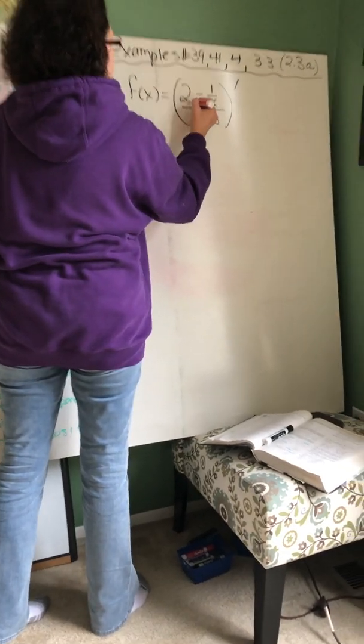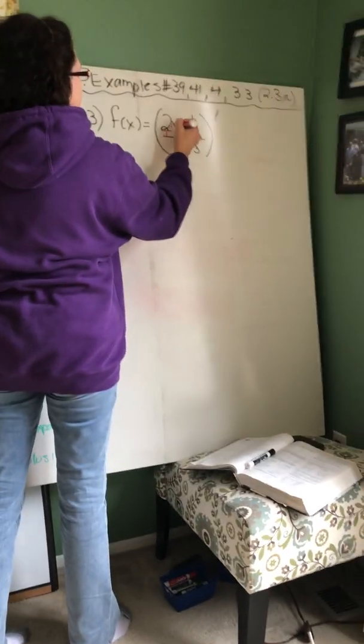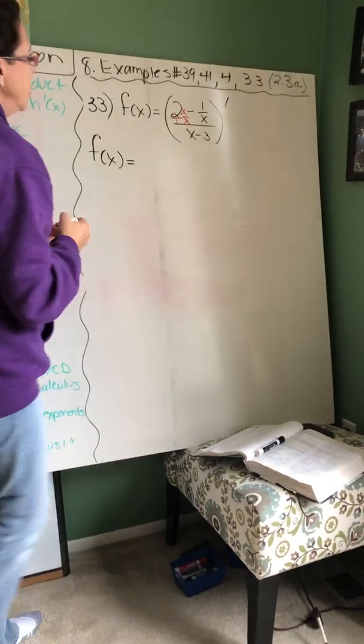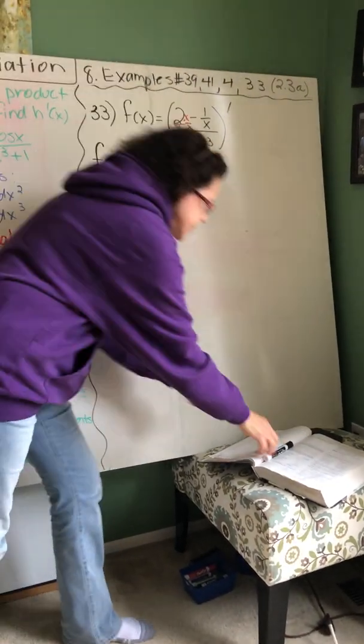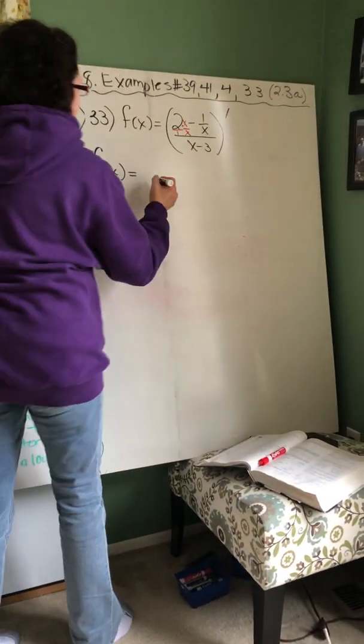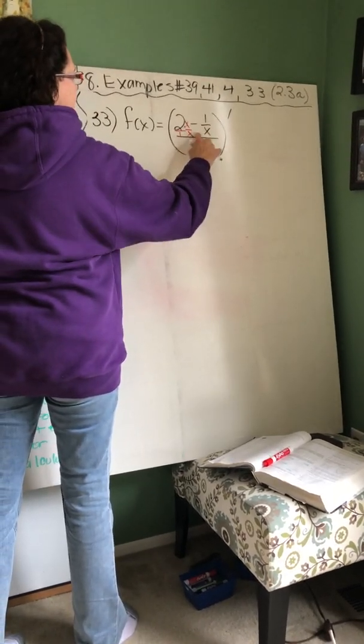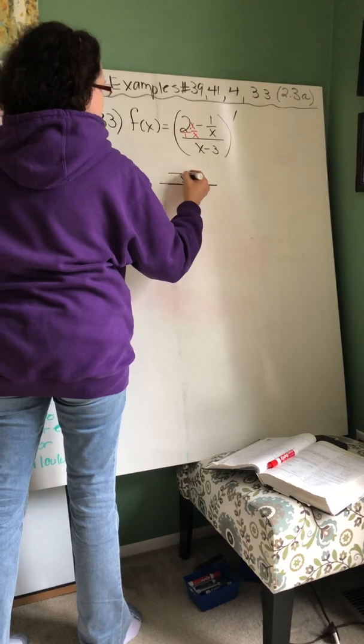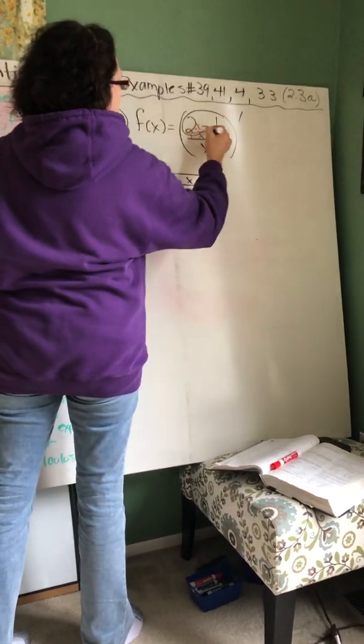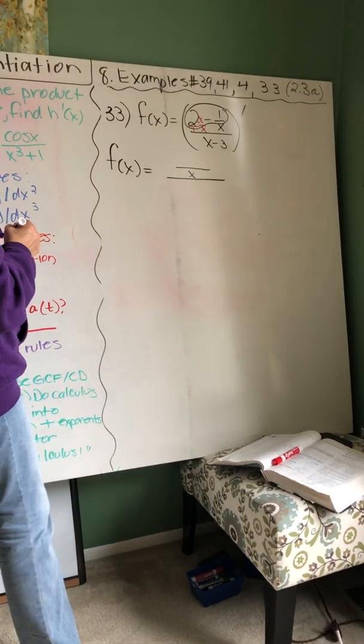So I am going to multiply the top and the bottom here in the numerator by x, and I now have a common denominator in the numerator. So here we go. I have x as the common denominator in the numerator. My new numerator is 2x minus 1.